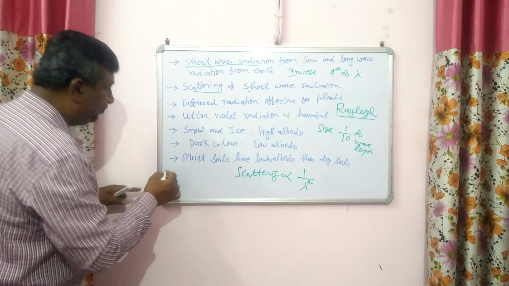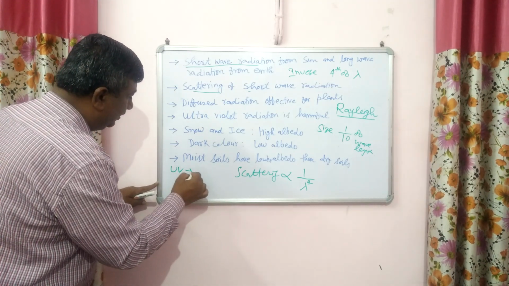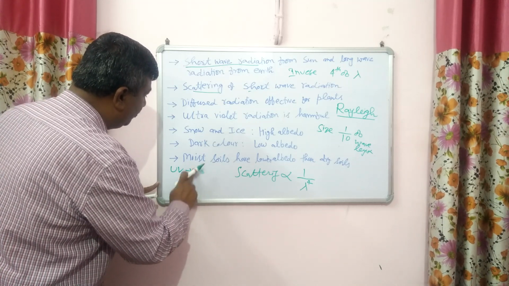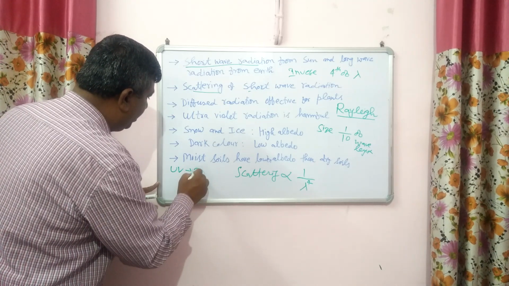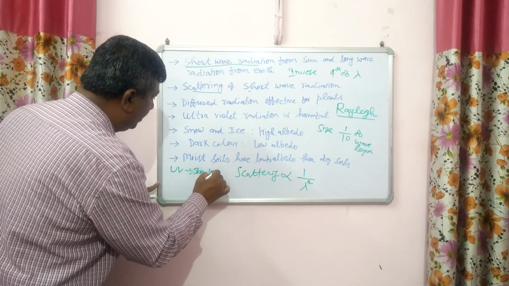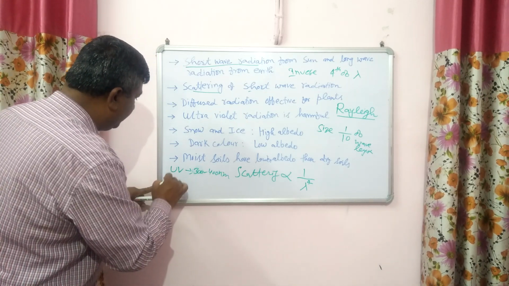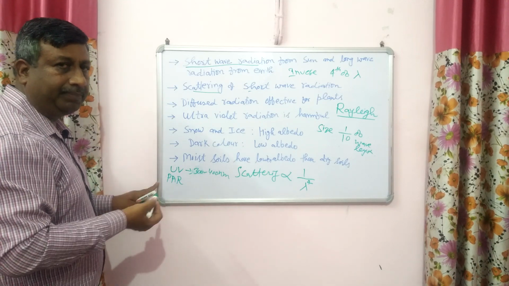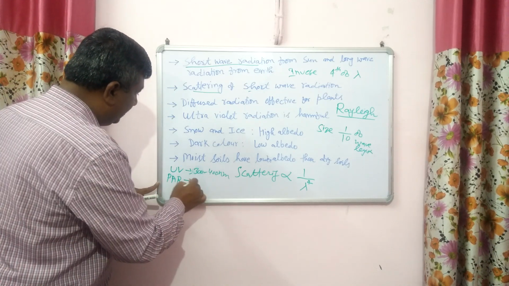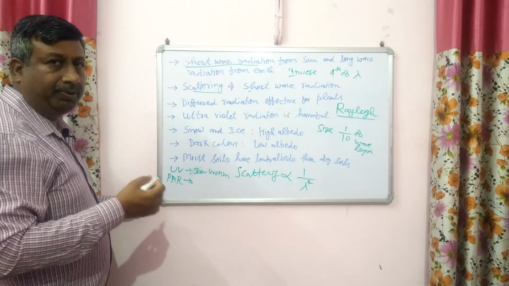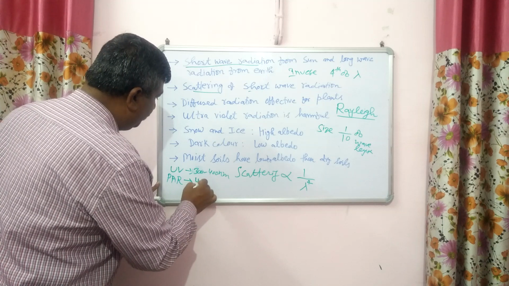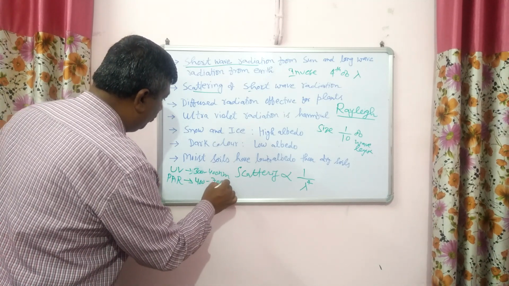And UV rays are in the range of about 300 to 400 nanometer, and visible light, that is known as PAR, photosynthetically active radiation, with 7 colors: violet, indigo, blue, green, yellow, orange, red, is in the range of 400 to 700 nanometer.